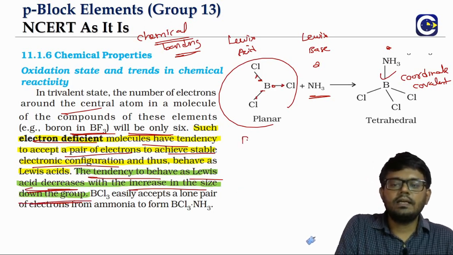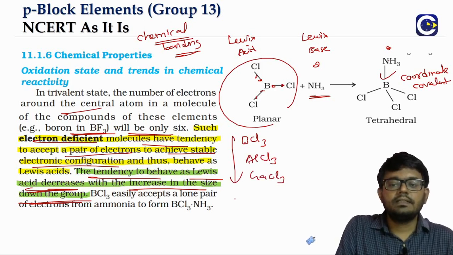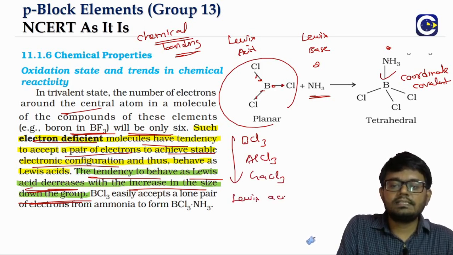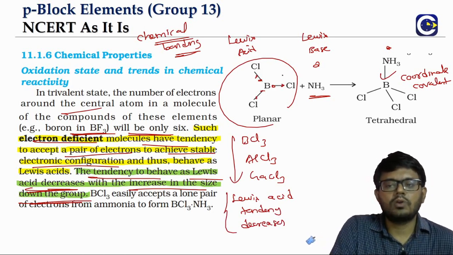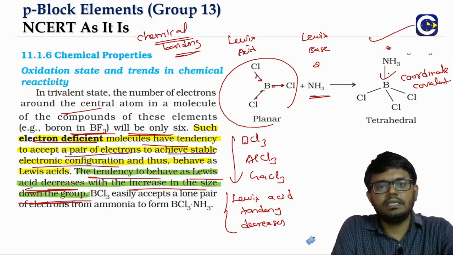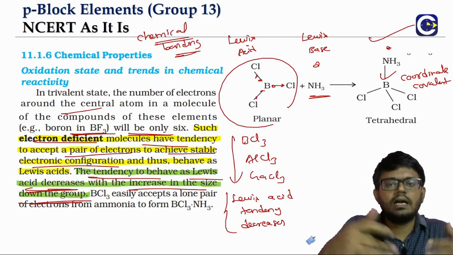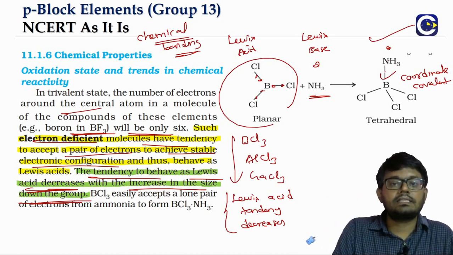Means if you look at BCl3, AlCl3, as you go down the group, what is it? The Lewis acid tendency decreases. The reason is that if you have a small atom like boron, the bonding will be more effective because it will be able to easily accept the incoming lone pair of electrons, whereas the larger atoms, like when you go to gallium, indium, thallium, will not be able to easily accept the incoming electrons.